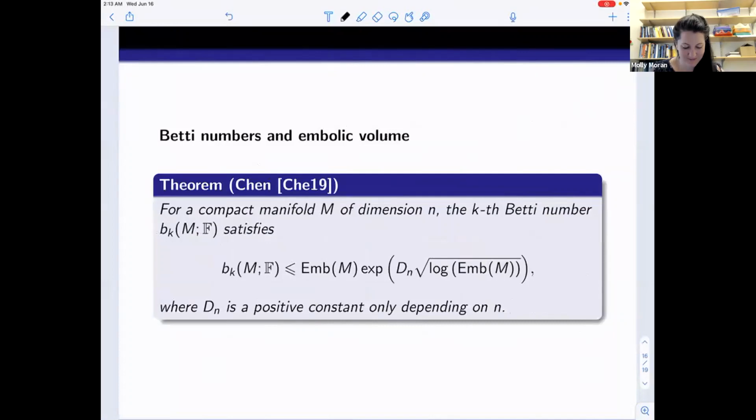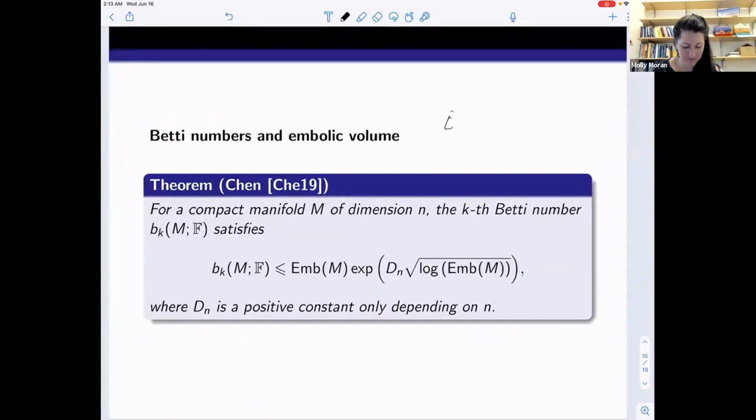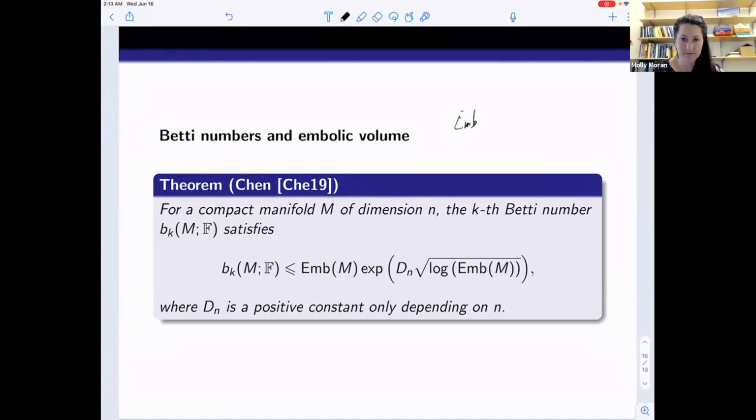And for Betti numbers, I generalize Gromov's theorem for the embolic volume. If we consider a compact manifold of dimension n, the k-th Betti number has an upper bound in terms of the embolic volume. Here, the embolic volume is greater than or equal to the systolic volume.